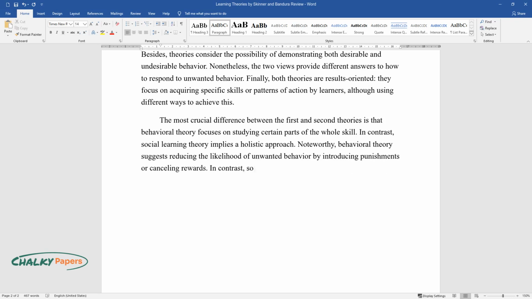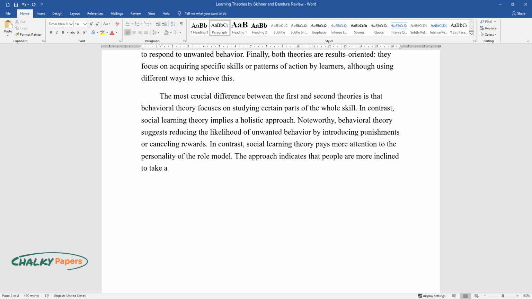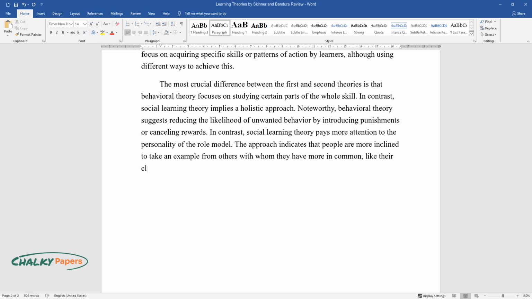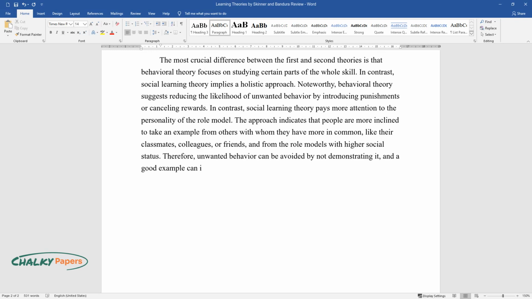In contrast, social learning theory pays more attention to the personality of the role model. The approach indicates that people are more inclined to take an example from others with whom they have more in common, like their classmates, colleagues, or friends, and from the role models with higher social status. Therefore, unwanted behavior can be avoided by not demonstrating it, and a good example can introduce positive changes.